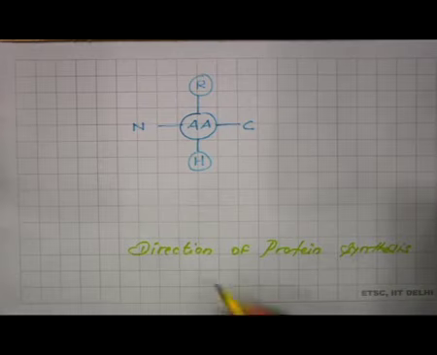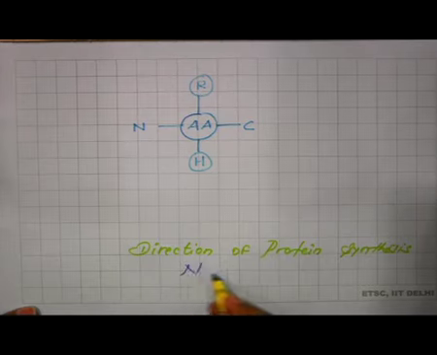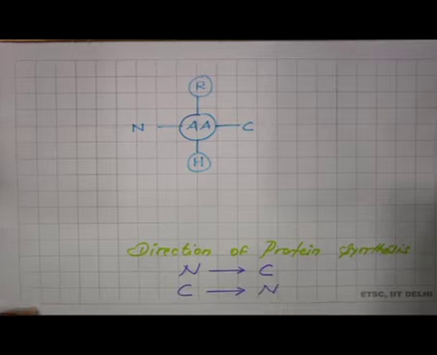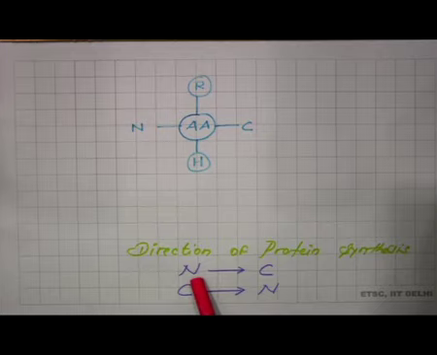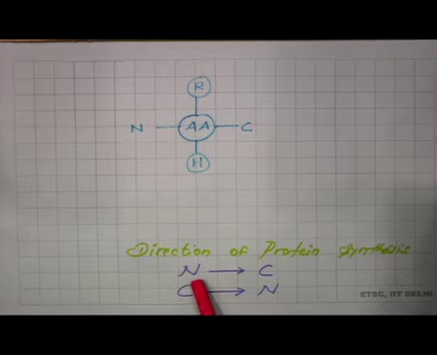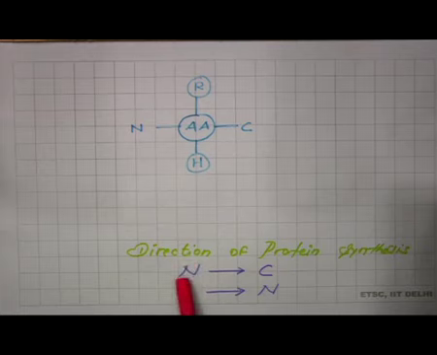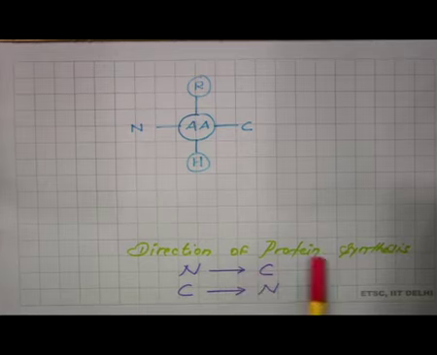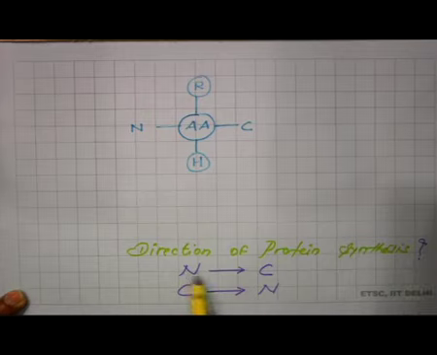Whether it will be N to C or C to N. N means N terminal, meaning the protein having the amino group, and C terminal means the protein having the carboxylic end. So, what will be the direction of protein synthesis, whether it will be from N to C or C to N?